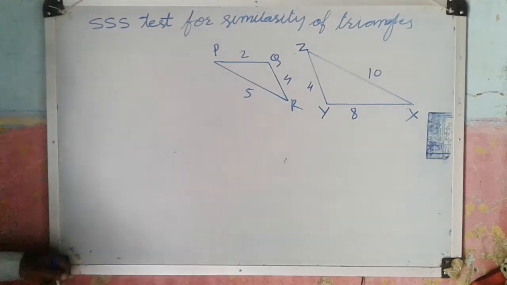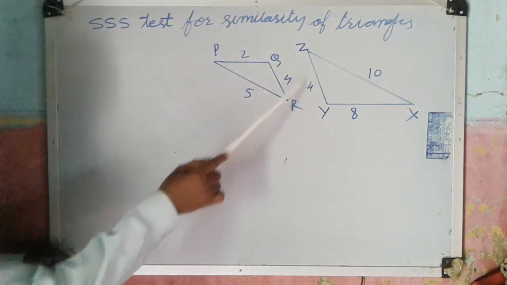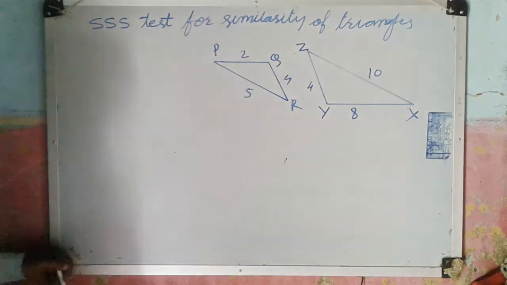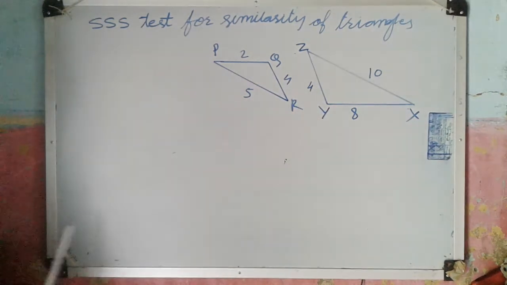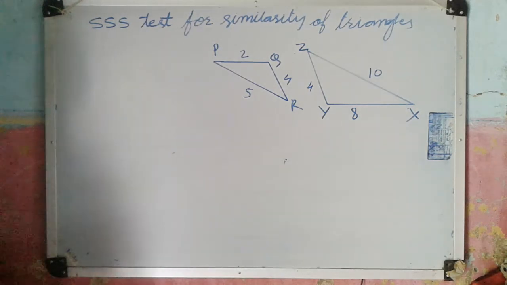Next test. Now in these two figures, two triangles are there, triangle PQR and triangle ZYX, and the lengths of sides are also given, shown in the figure.